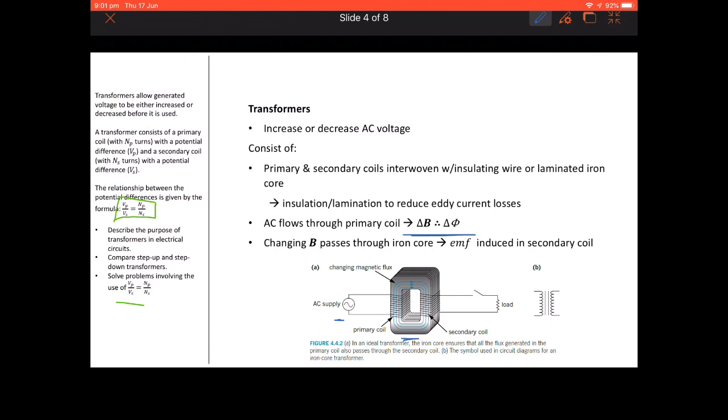The secondary coil is located within the range of this magnetic field because it's wrapped around this iron core, and because this magnetic field is constantly changing, an EMF, an electromotive force, a voltage, will be induced in the secondary coil. So electricity and magnetism are related.